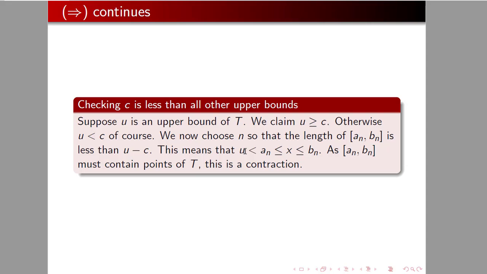This means that u is going to be less than an, is going to be less than, excuse me, less than c right here. Typo. Is less than or equal to bn, and so as bn must contain points of T, this is a contradiction.